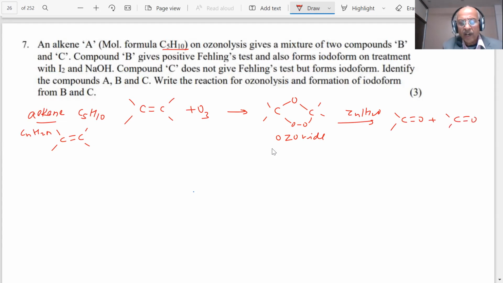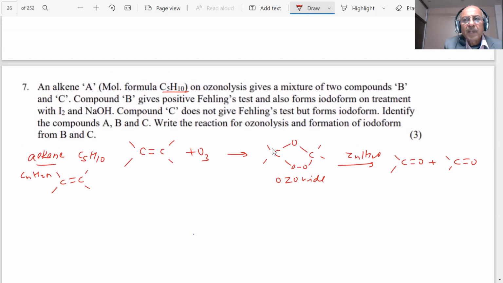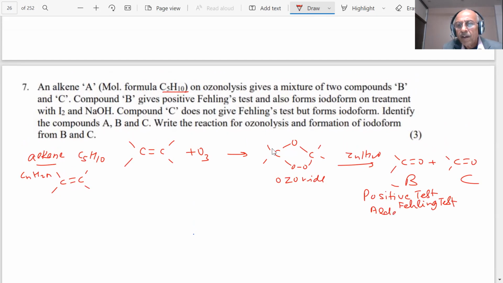Here he is saying you are getting compounds B and C. One is B, the other is C. He's saying B gives a positive Fehling solution test. Positive test means it is an aldehyde. Fehling test means it is an aldehyde. Is it clear? And B gives a positive Fehling test and also forms the iodoform test.